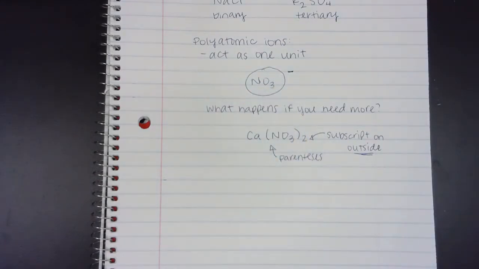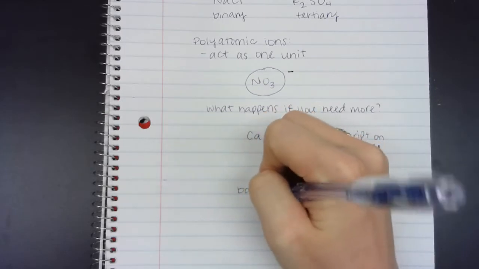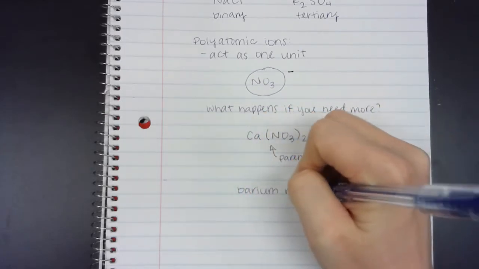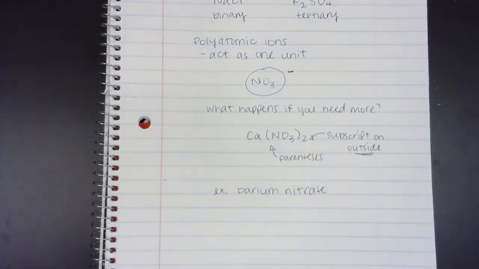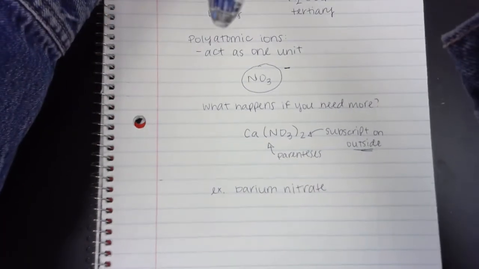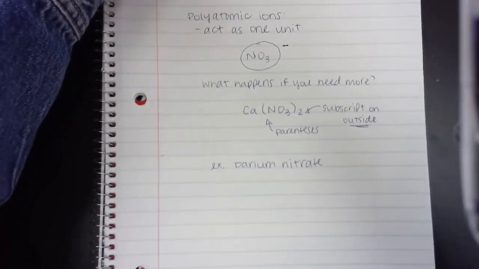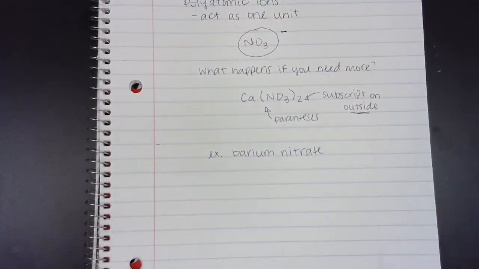Okay, so let's do another example. Let's do barium nitrate. Remember, our first step whenever we're writing formulas is to do what? We'll find the charge, but even before that, we need to write the symbols.